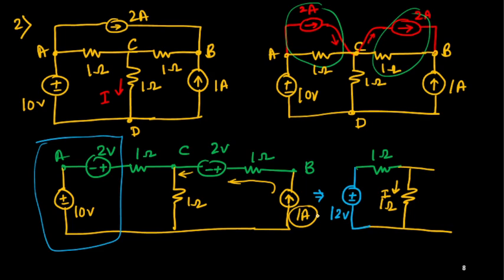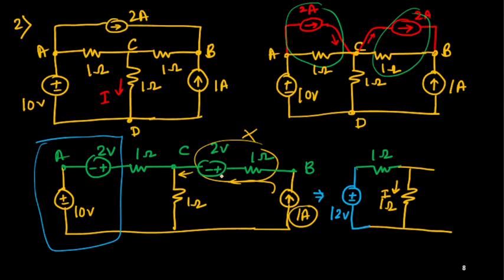This pure current source will supply 1 ampere current, so you are going to get 1 ampere through this branch. Whatever other sources are there does not matter. If anything is connected in series with a pure current source, this element will not have any impact, because the current coming to this node will be 1 ampere.